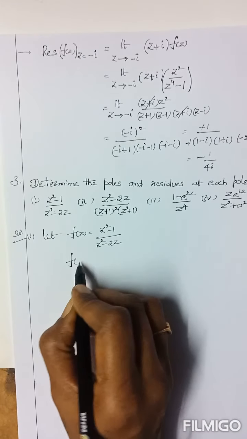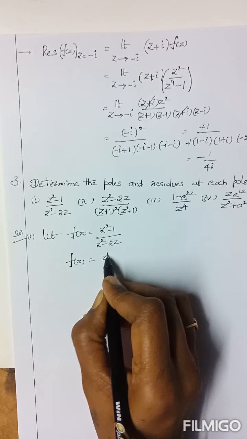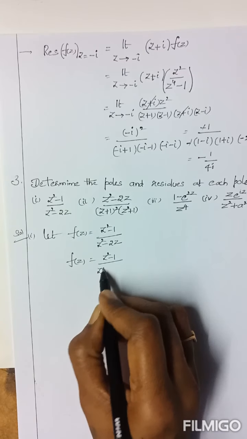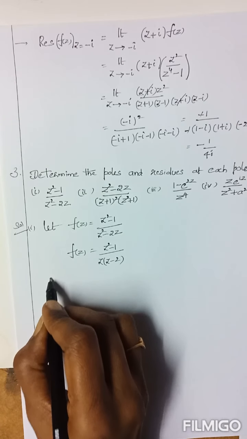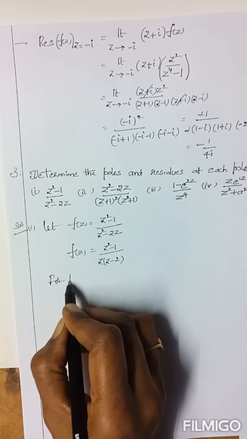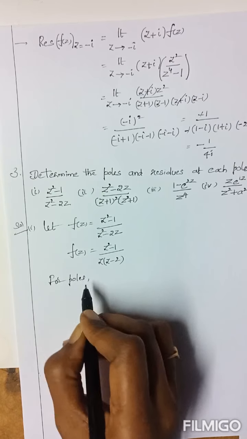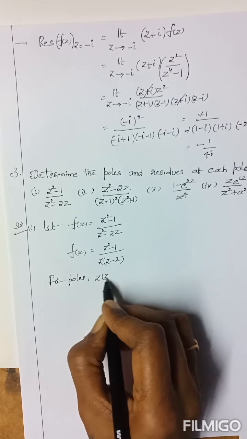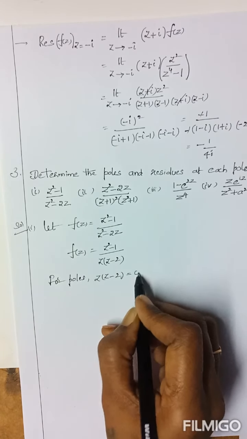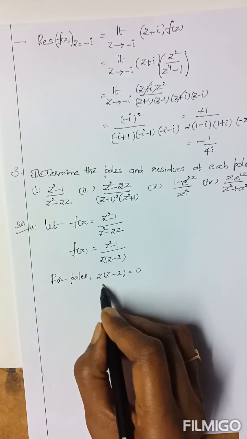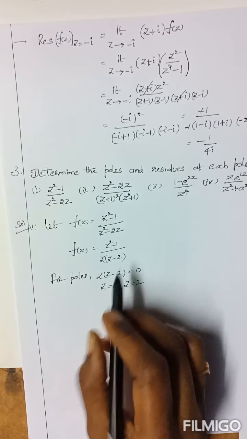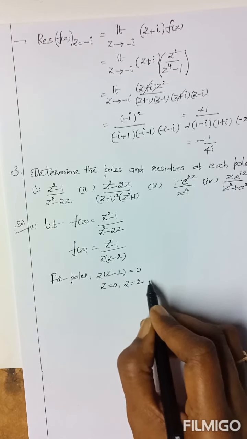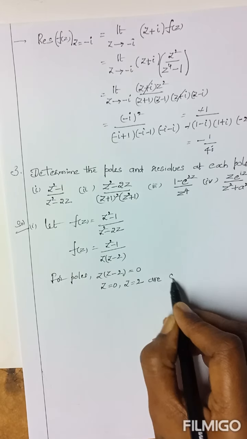It is also written as z square minus 1 by z(z minus 2). For poles, consider the denominator equal to 0. From this, z equal to 0, z equal to 2. Here the power is 1 for both, so they are simple poles.